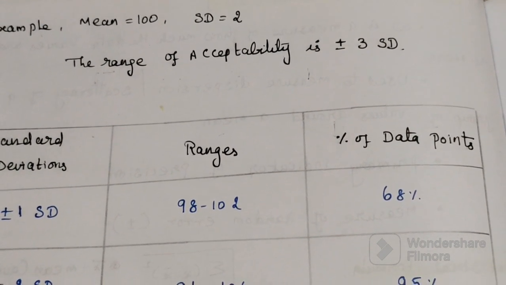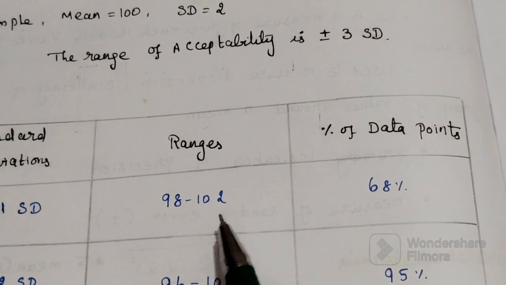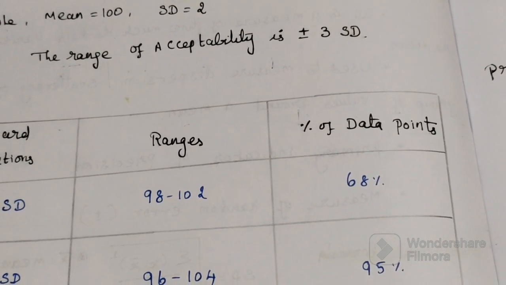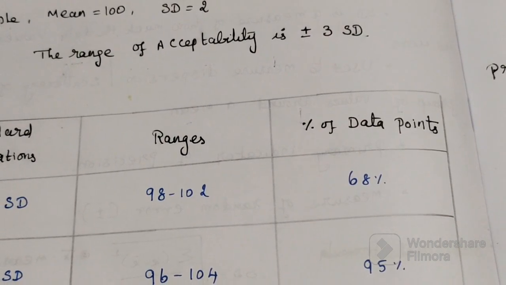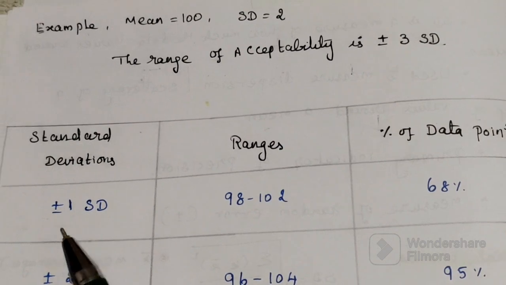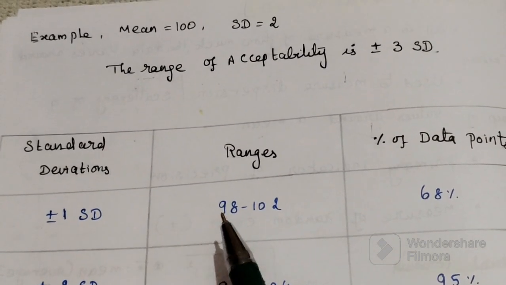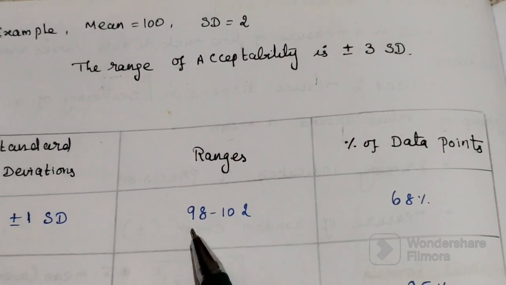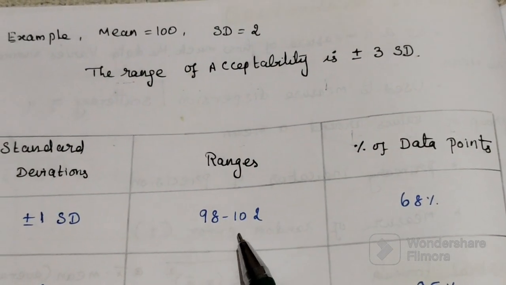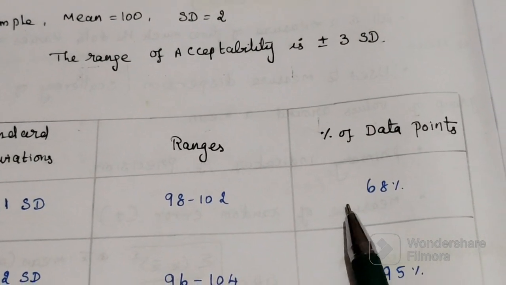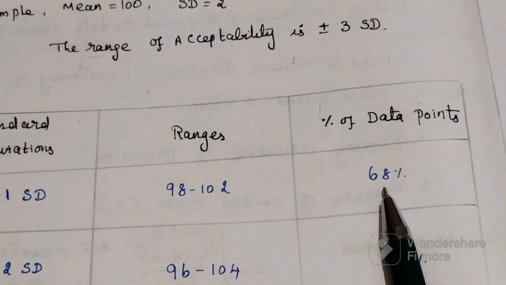So you get the range 98 to 102, and 68% of data points will fall in that range. So plus or minus 1 standard deviation gives 98 to 102, and the percentage of data points is 68%.